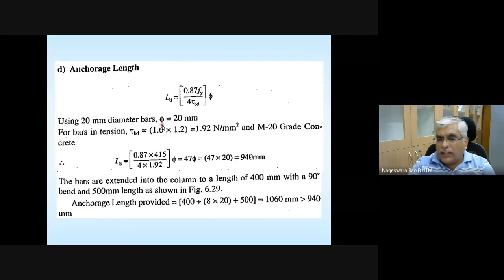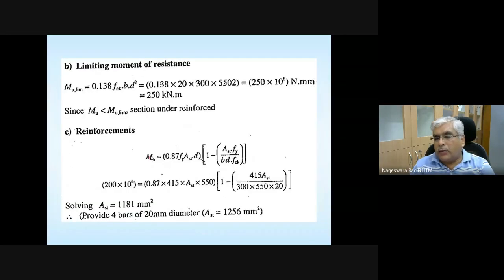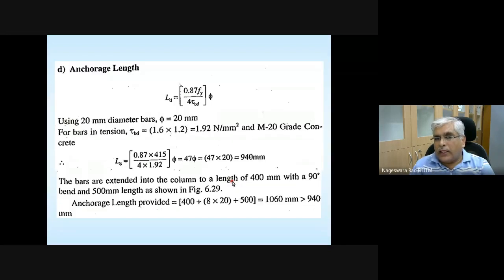And now coming to this tension reinforcement, which is provided to resist the hogging moment of 200 kilonewton meter, we need to check for the anchorage length. Anchorage length is given by the development length formula: diameter of the bar times the stress in the steel divided by 4 times tau BD, taking the appropriate value of the design bond stress.